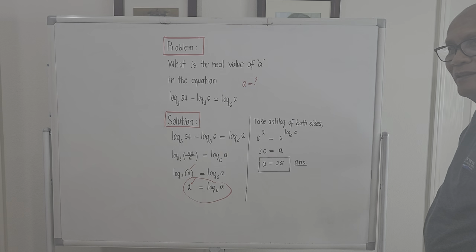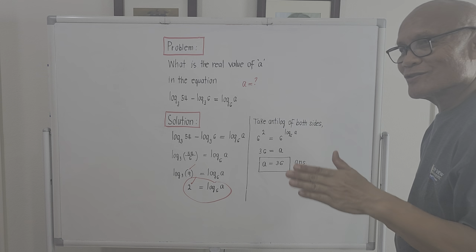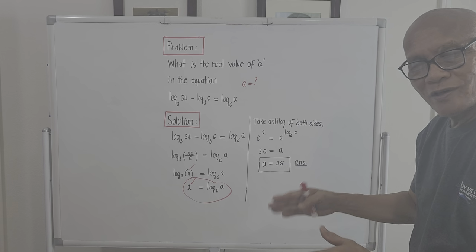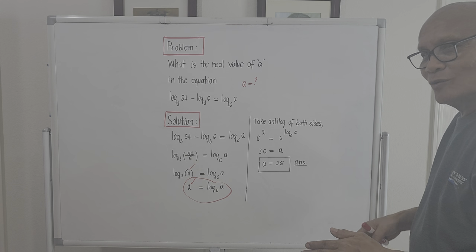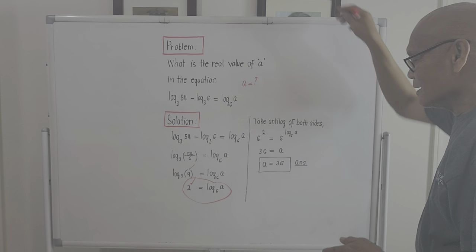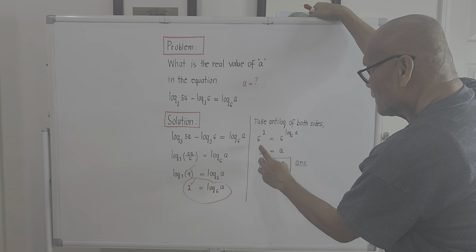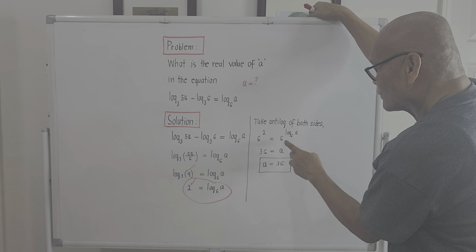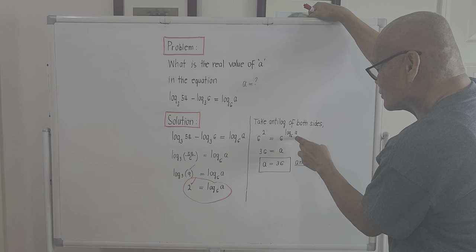And the proper way on how to take the antilog, take note of the base of the logarithm on the right, it is 6, right? So when we say we take the antilog, we will take that base, then we raise that for both the value of the left-hand side and right-hand side. So since the base of this logarithm is 6, I will place here 6 squared, and this should be equal to 6 raised to the logarithm of a with the base of 6.